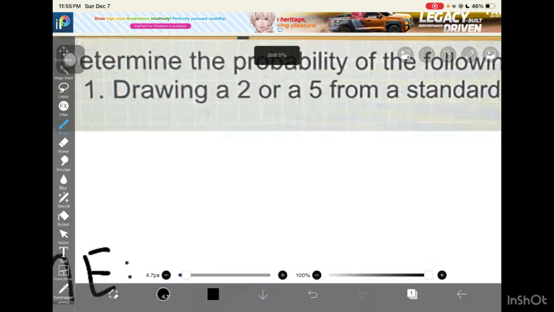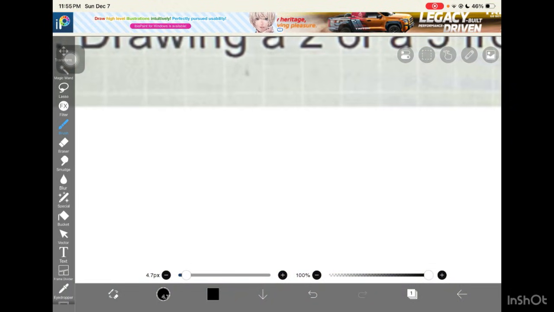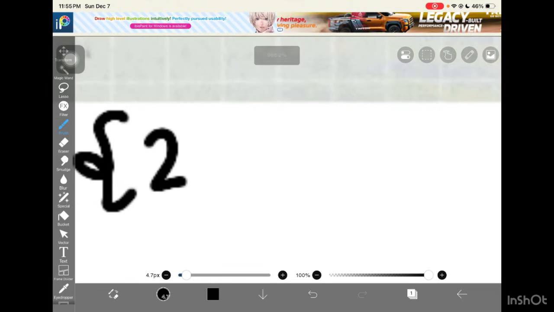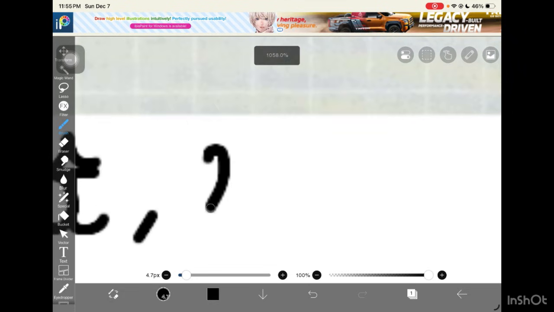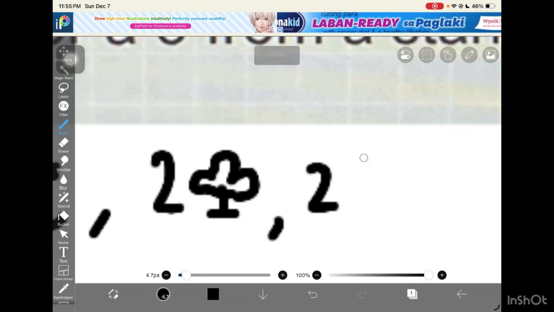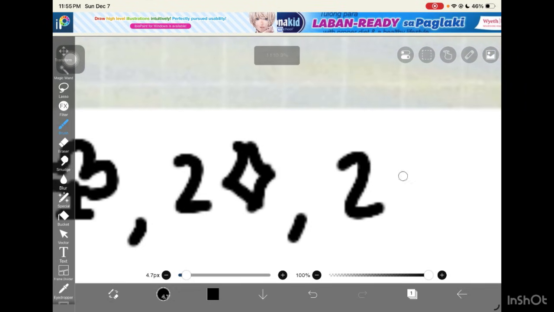Let's prove that. Cards with 2 in it: the 2 of spade, the 2 of club, the 2 of diamond, the 2 of heart.